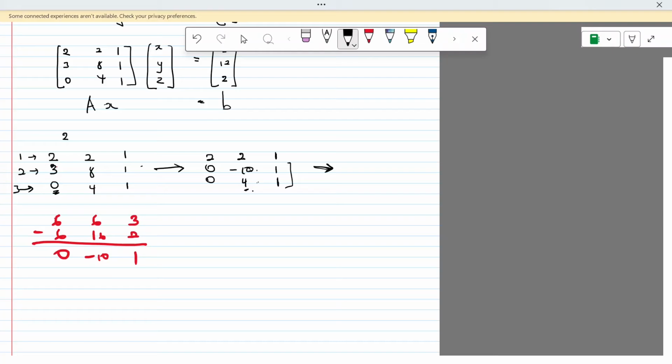We can multiply this by a 4, giving us a minus 40, a 4, and this by a 10, giving us a 40, and 10 over here.